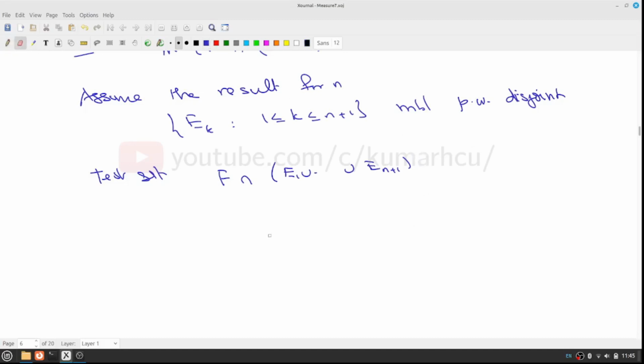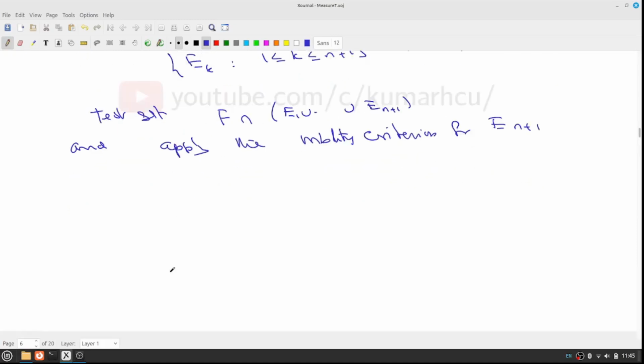These are the test sets, and we apply the measurability criterion for E_{n+1}. There we applied it for E2, here we are going to apply it for E_{n+1}.